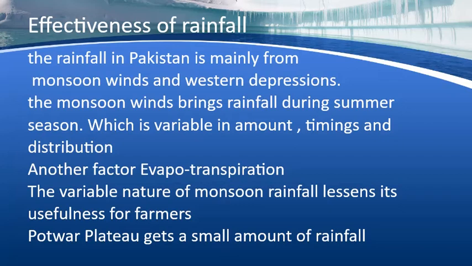Another factor that limits the usefulness of rainfall is the high temperature condition from June to September over the Indus plain. This leads to a great degree of evapotranspiration, water transpired. Monsoon rainfall comes in heavy showers, which is not very useful for the crops because land does not absorb the rainwater.